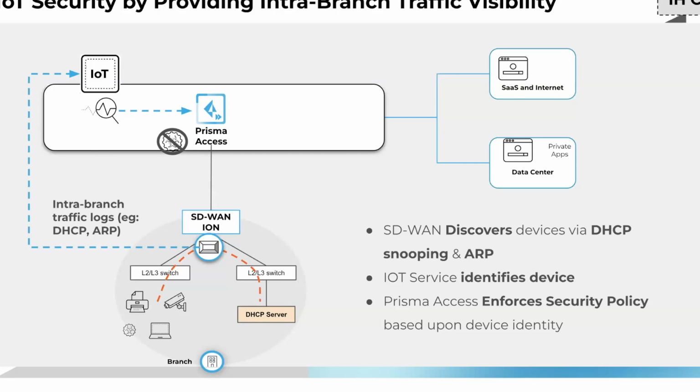We take that information and we send it to the IoT security service, if you have that service, which then does its thing and crunches all the various parts of that device and what we know about it, and then sends a verdict down to Prisma Access to do enforcement, to either allow that traffic to pass through the network freely or to restrict it, or to block it entirely. So that was kind of phase one, which we did.